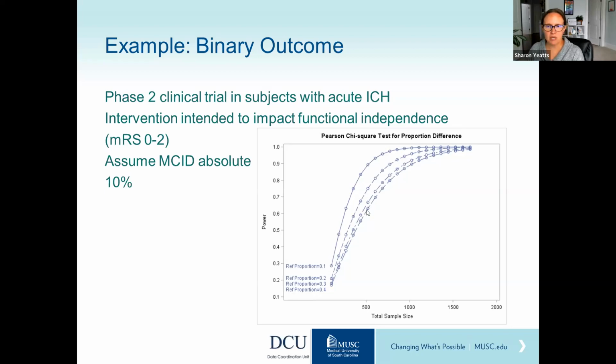And again, this should make some sort of intuitive sense. The binary or the binomial distribution is most variable when the proportion associated with it is about 50%. You can think about that like a coin flip, right? If you have a coin that is evenly weighted, then each time you flip it, you don't really know what's going to happen, right? You're just as likely to get a positive or a negative.